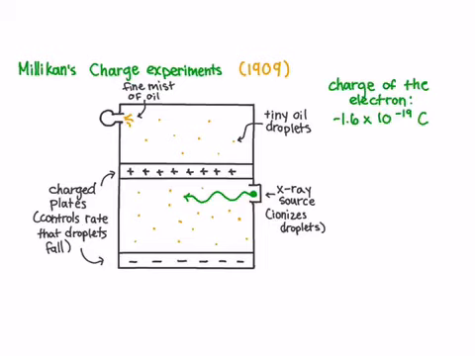He noticed that all the charges were multiples of negative 1.6 times 10 to the minus 19 coulombs, so that must be the charge of a single electron. Amazingly, the charge of the electron that Millikan was able to measure is within 1% of the value that's measured today.